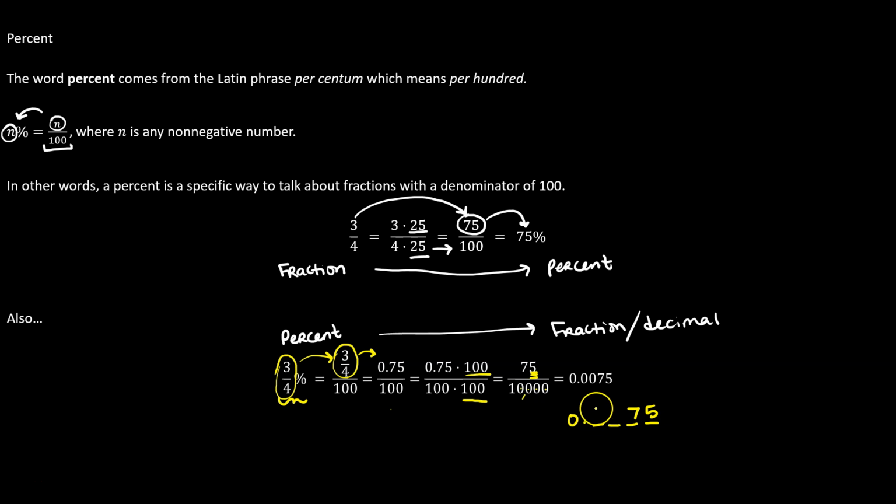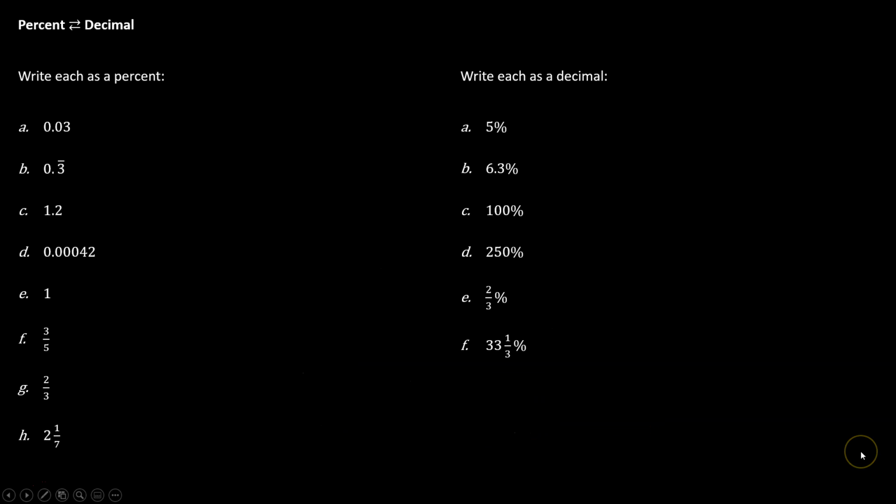We have 2 empty spaces, which we will use 0 placeholders for. So notice that we do have the 7 and the 5 in our answer. However, we've got a couple extra zeros here. So 3/4 of a percent is equal to 0.0075.